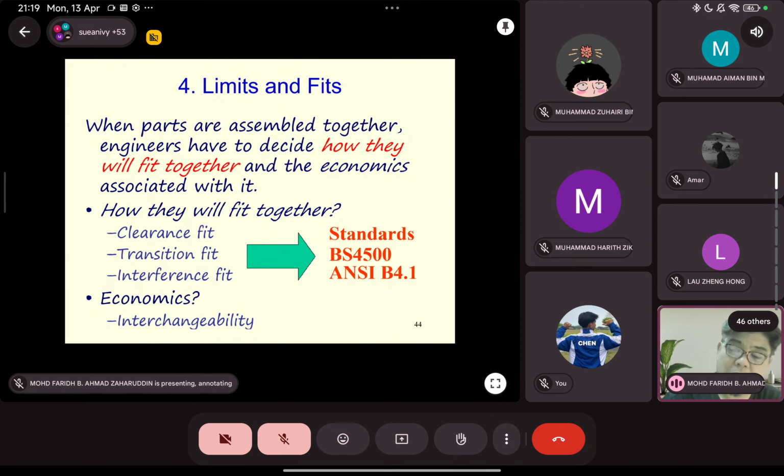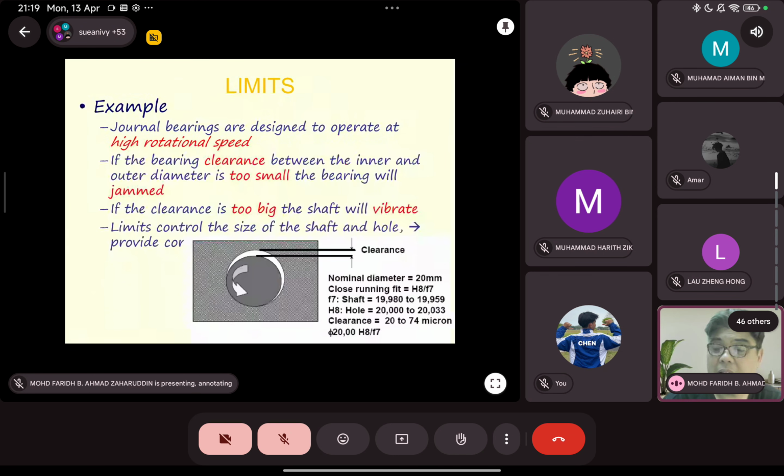So now we are talking about standard BS 4500. We talk about three types of fits: clearance fit, transition, and interference. Again, for economics, we use the interchangeability principle, interchangeable manufacture, where parts can be swapped. This principle makes it easy for the manufacturer to produce parts for assembly.